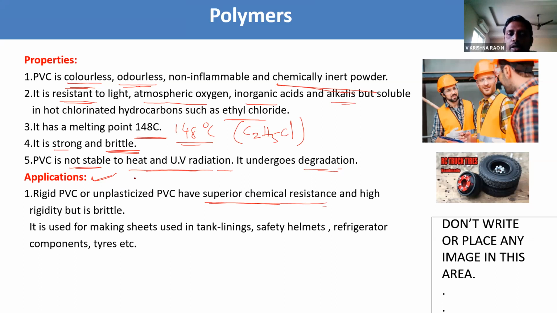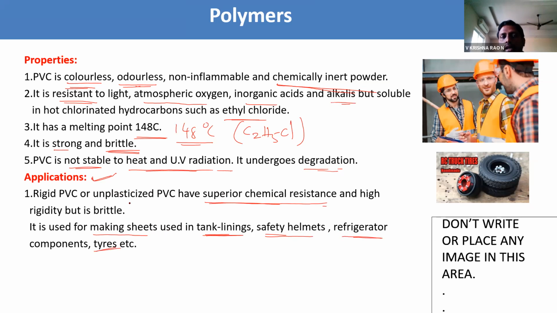This type of unplasticized PVC is used in making sheets used for tank linings, safety helmets, refrigerator parts, and in the manufacturing of tires.